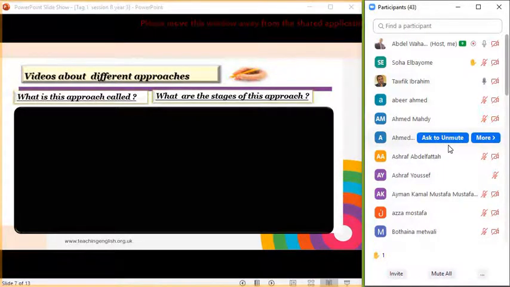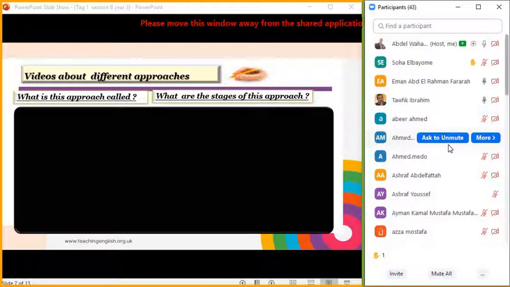So sometimes it's very important, but when can we use it? At which part of the lesson? Is it at the warming up stage, presentation stage, or at the feedback? When can we use it?